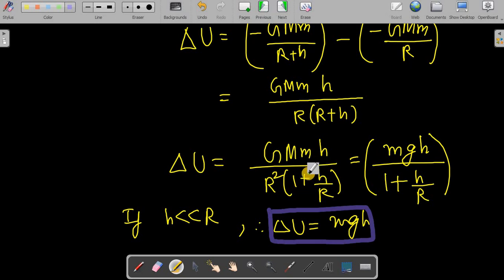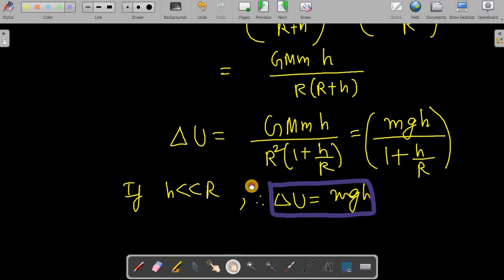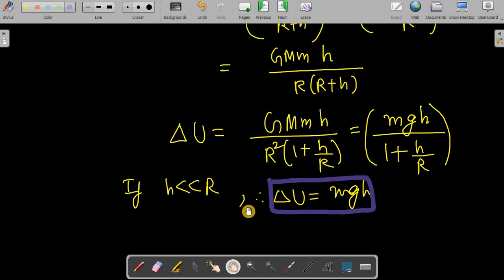But actually potential energy is never zero; it is negative. Potential energy is zero only at infinity.